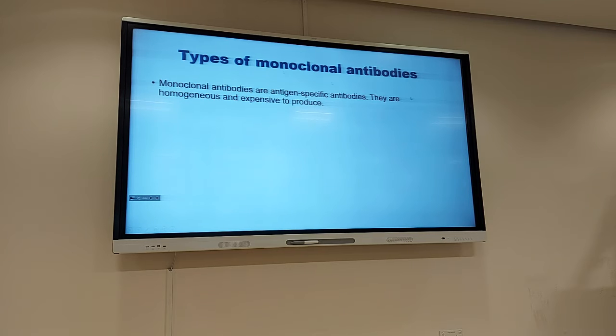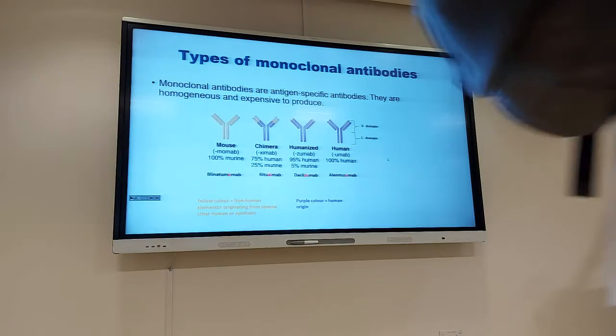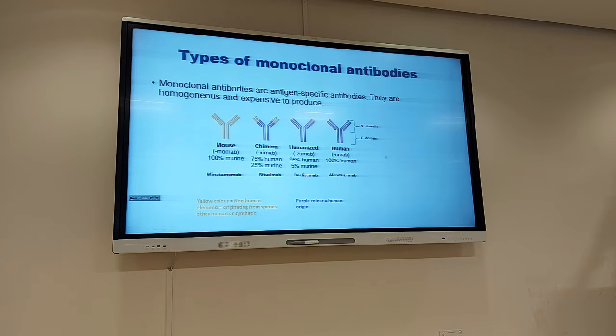Another example is the monoclonal antibody, which is also used, but these tend to be more specific antibodies that are homogeneous and very expensive to use. That's why we try to use them only during the transplantation period. So there are different types of monoclonal antibodies.